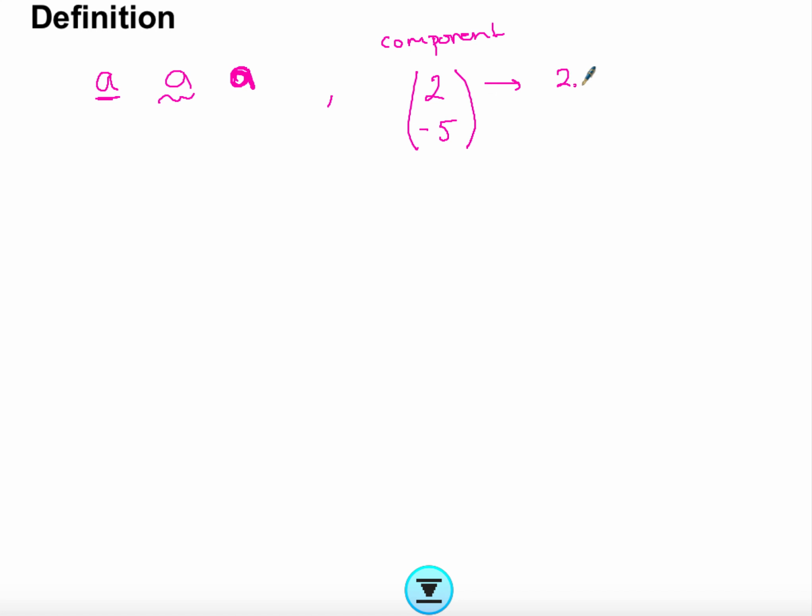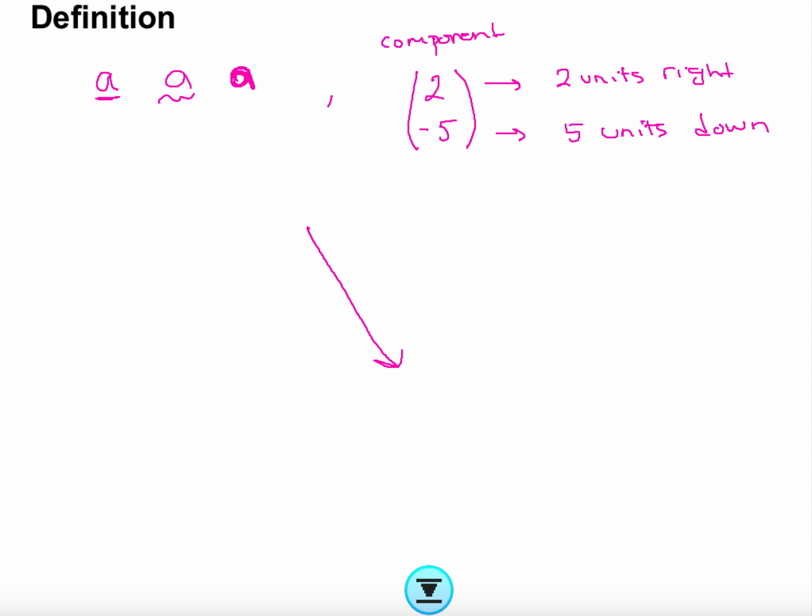So this is move 2 units to the right, and this is move 5 units down. You've seen something similar in, say, transformations. As a line, I could represent this as moving 2 units to the right and 5 units down. It could be something like this.